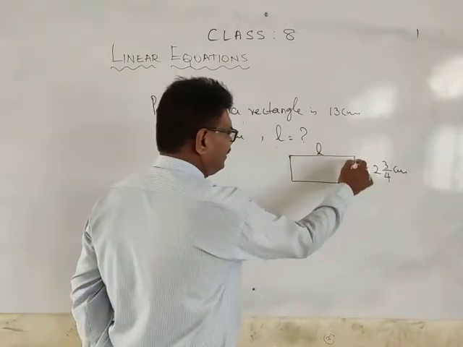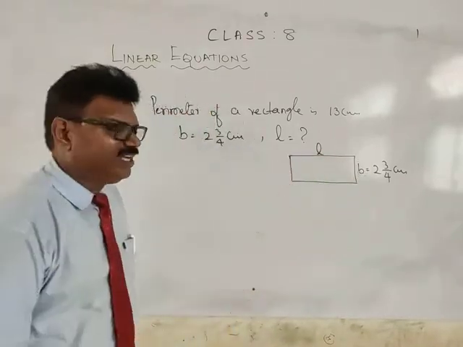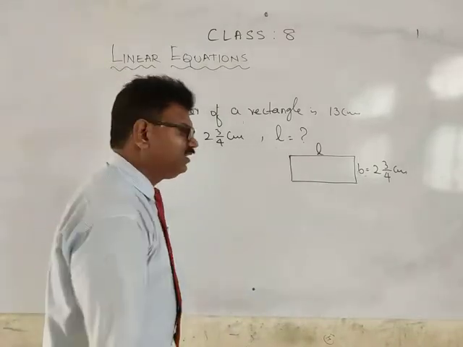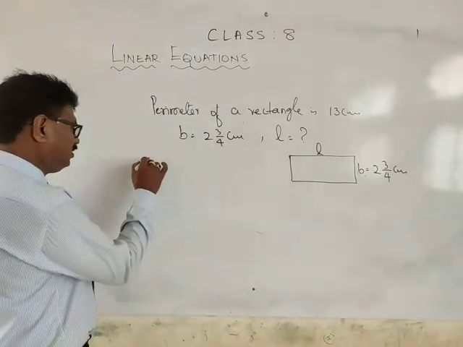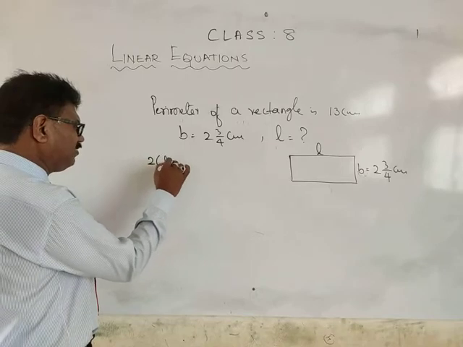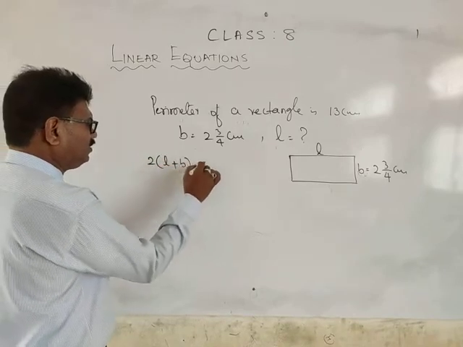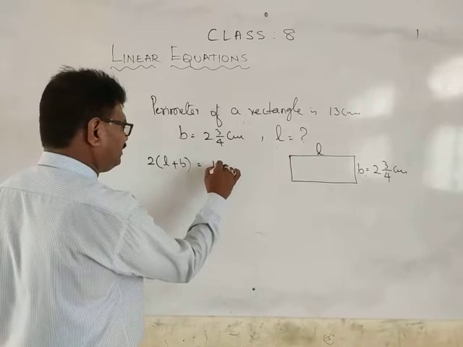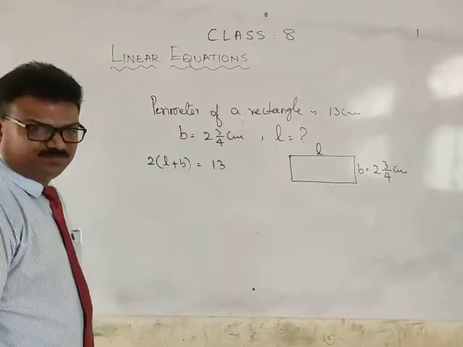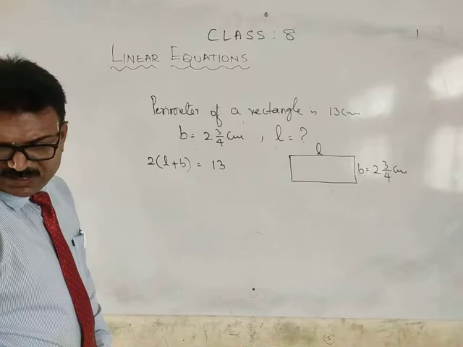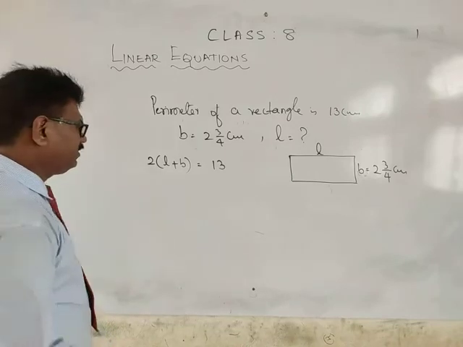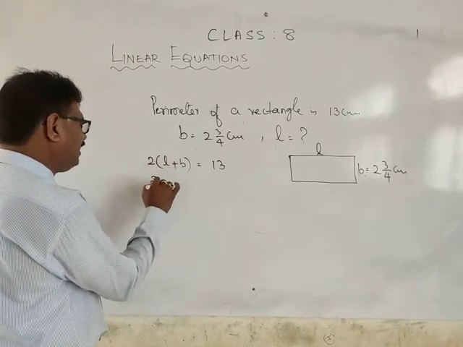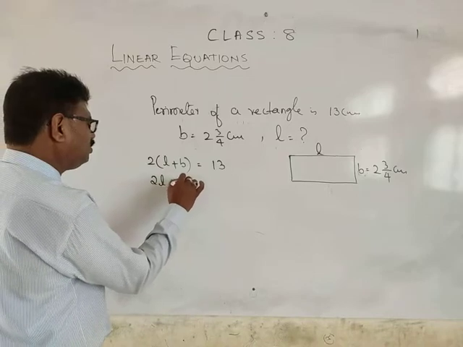Perimeter means the sum of the boundary lines, a sum of all sides. So the formula for that is 2 into (L plus B), which is equal to 13 centimeters. Now 2 into L plus 2 into B.